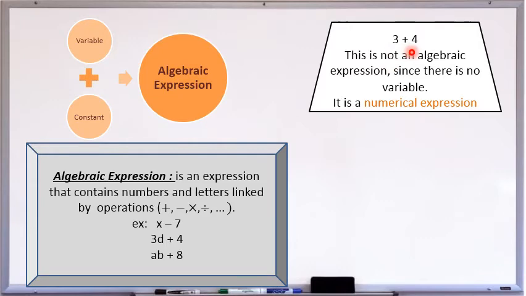When I say 3 plus 4, it's not an algebraic expression, it's a numerical expression. Numerical, it contains only numbers. Why is it not an algebraic expression? Since there is no variable in this expression. We talk about algebraic expressions when we have a variable like x, d, a, b, and so on.